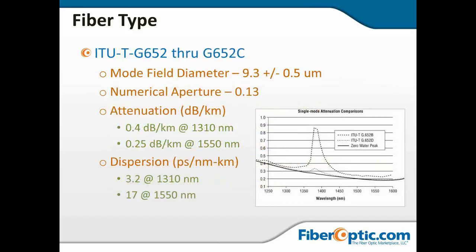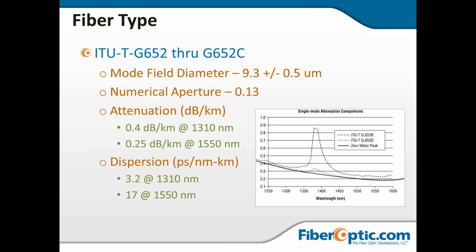So looking again at the 652 through 652C, it had a mode field diameter of 9.3 microns, numerical aperture of about 0.13, attenuation 0.25 at 1550.